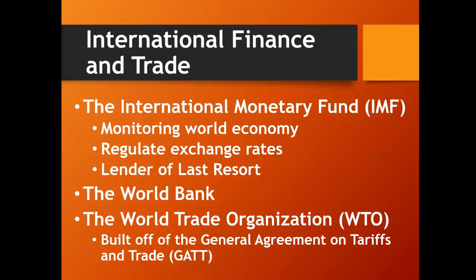And to give you an idea as to how effective the GATT and the WTO have been, in 1945, when World War II ended, tariffs around the world averaged around 22%. So some were 50%, some were 5%, depending on what item you were talking about or what good you were talking about, as well as what countries were involved. But that was a pretty high average tariff.